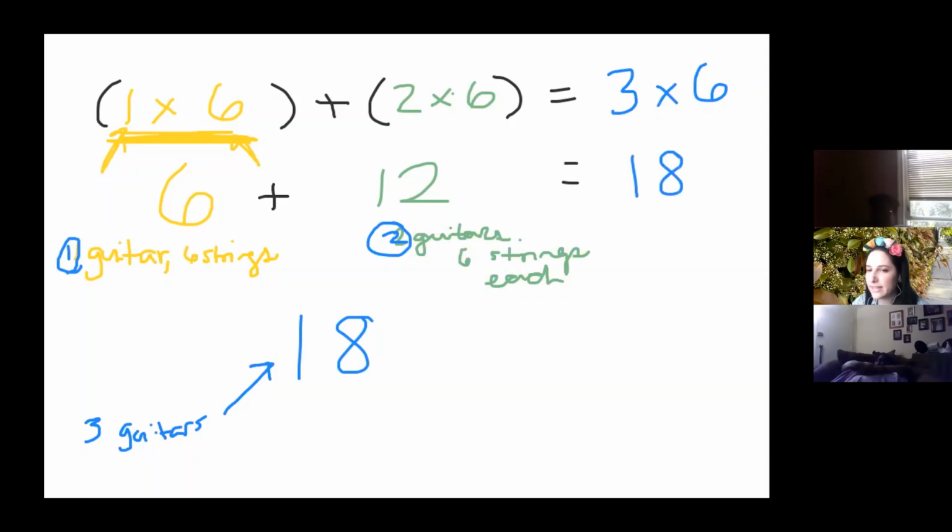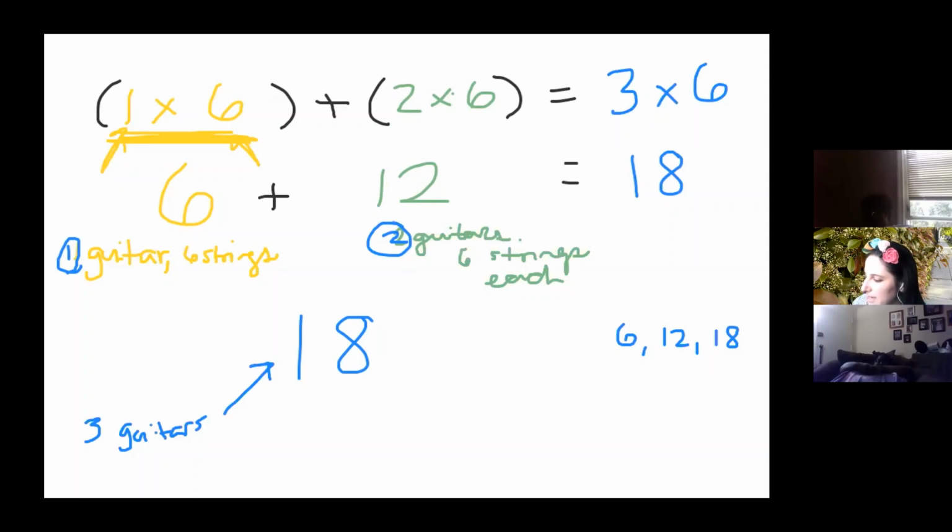So what we did that was distributive was we took 3 times 6, right? 3 groups of 6. And instead of counting 6, 12, 18, we split up how we thought of it.